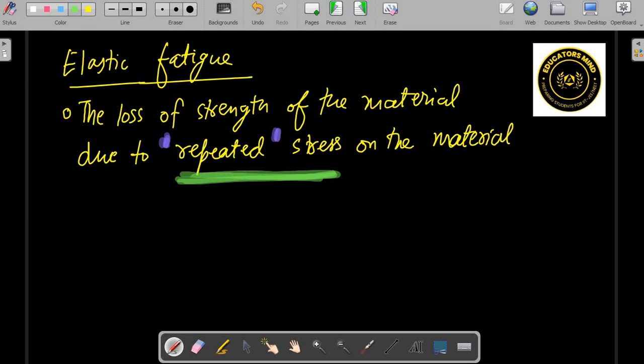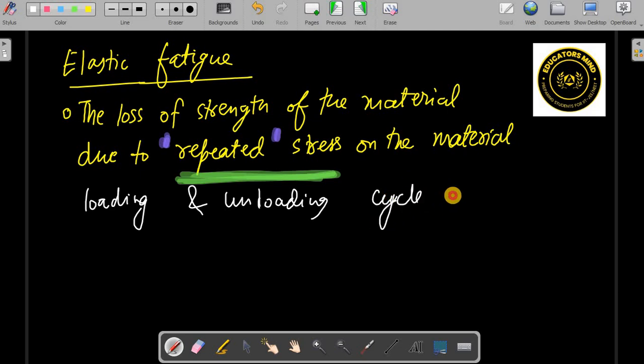So how does the body behave, because it is loaded, unloaded, loaded, unloaded again and again. So there is a cycle of loading and unloading.